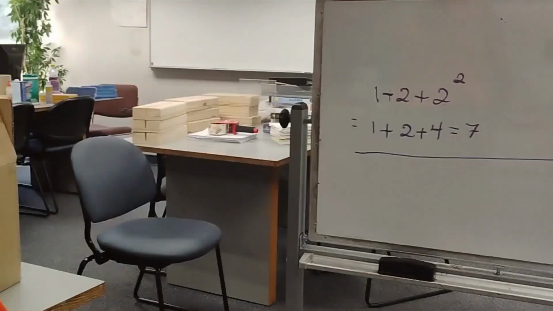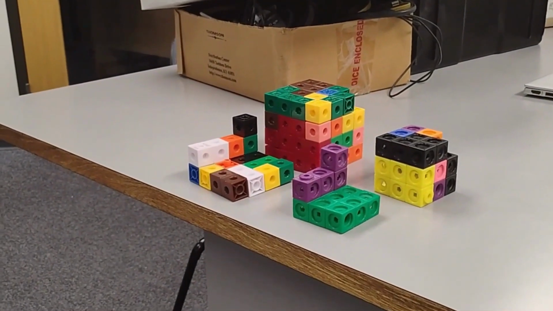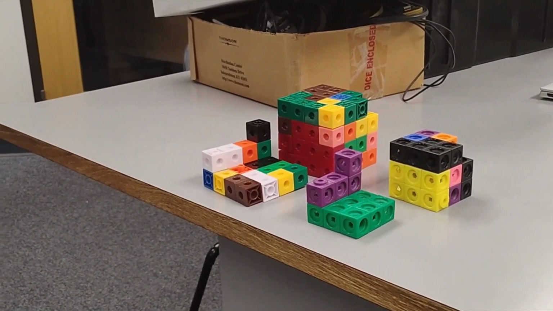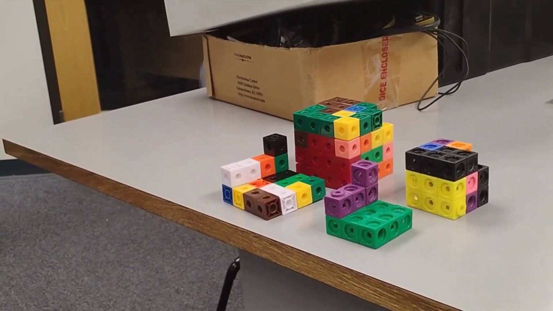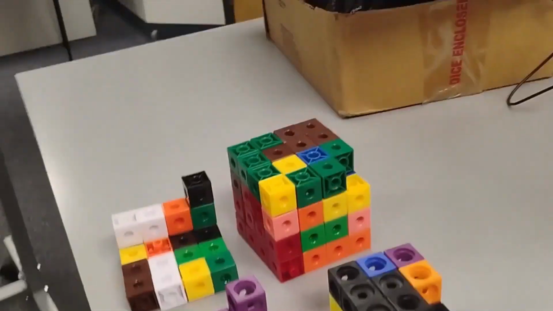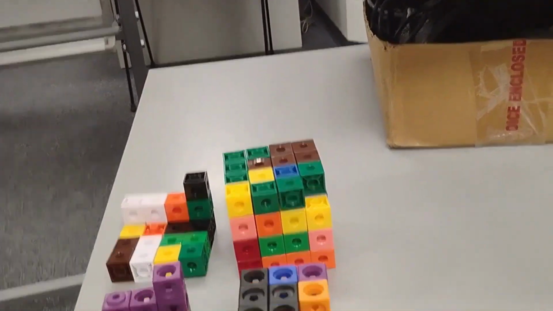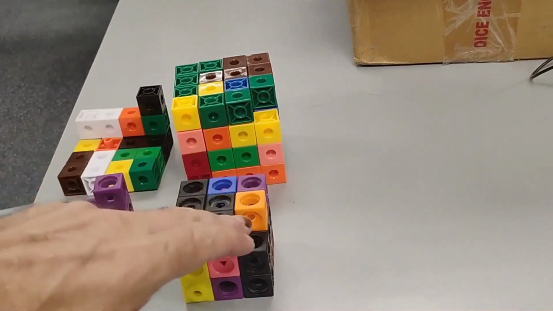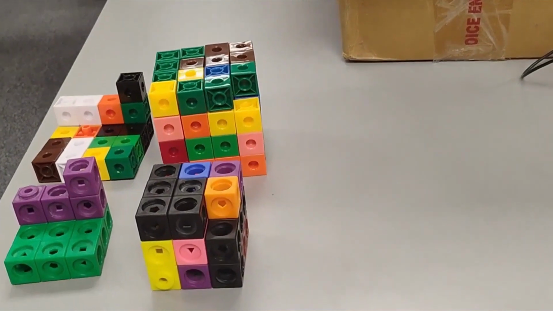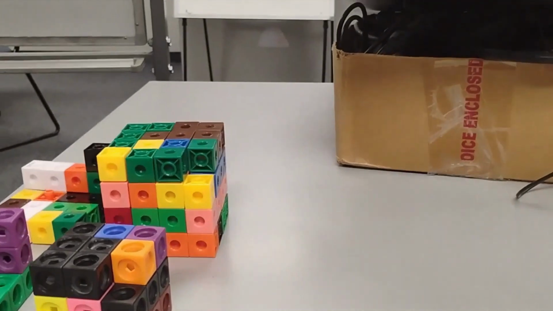So let's take a look at the next pair. That one I already gave away. That would be 1 plus 3 plus 9, or 1 plus 3 plus 3 squared. And same kind of thing there. We've got a cube with a volume of how much before you take away the 1? The 27. But then you take away 1.